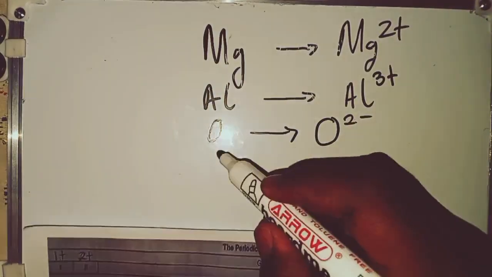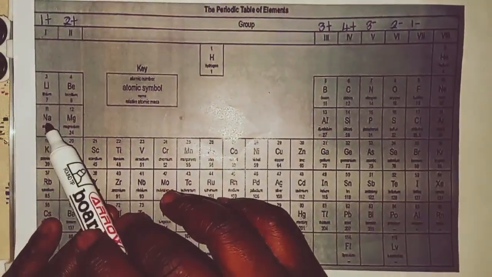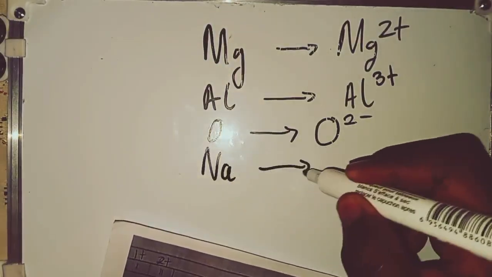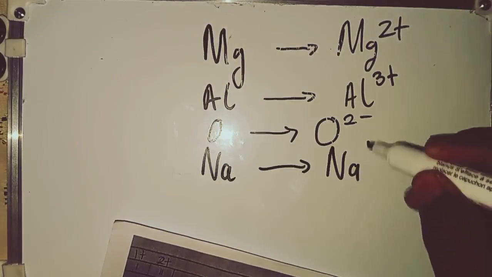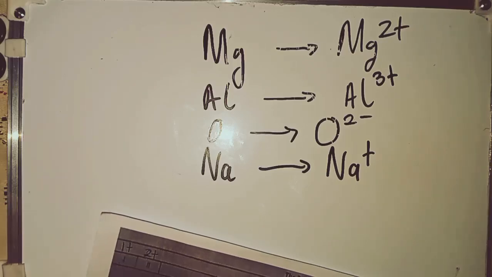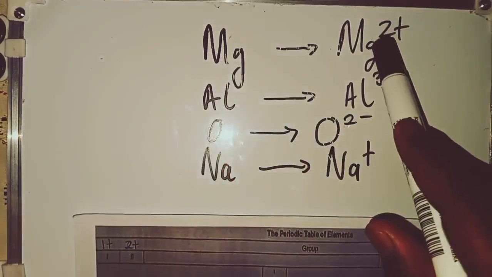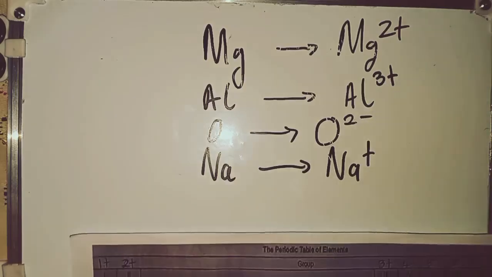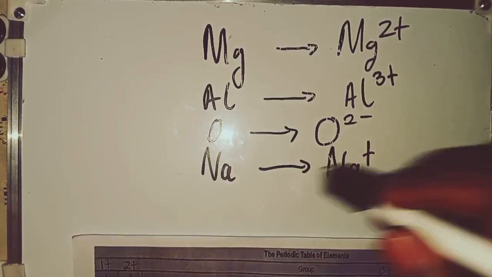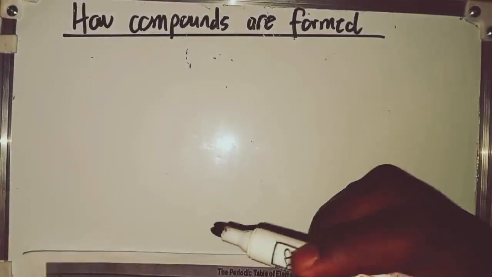If it's sodium, we have sodium in group 1. If it's forming an ion, it forms an ion of Na plus. So these are the ion formations of these elements, each element and its ion. It's important to know this when you are doing electrolysis.